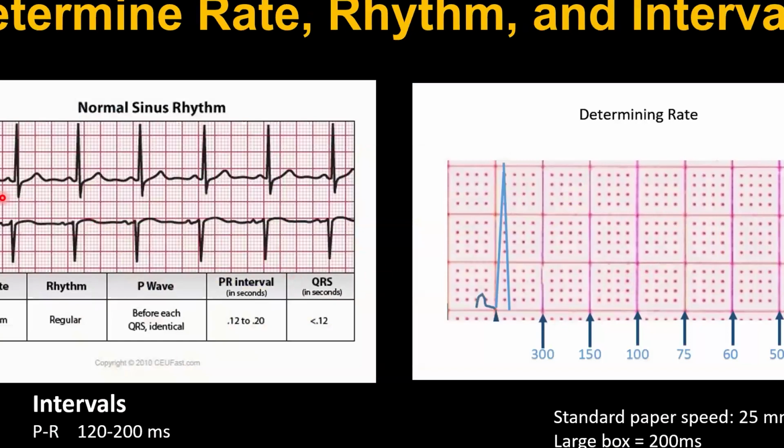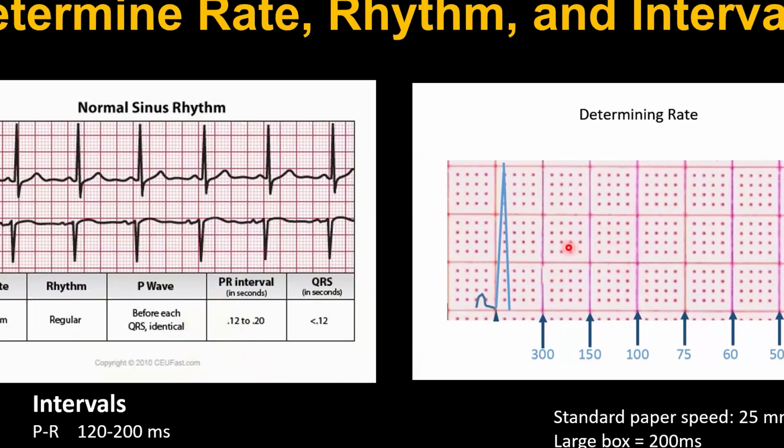And so this is a normal rhythm, normal sinus rhythm illustrated here. And the intervals: the PR interval is up to 200 milliseconds. Well, let's do it this way. Each of these small boxes represents 40 milliseconds, and each large box represents 200 milliseconds.